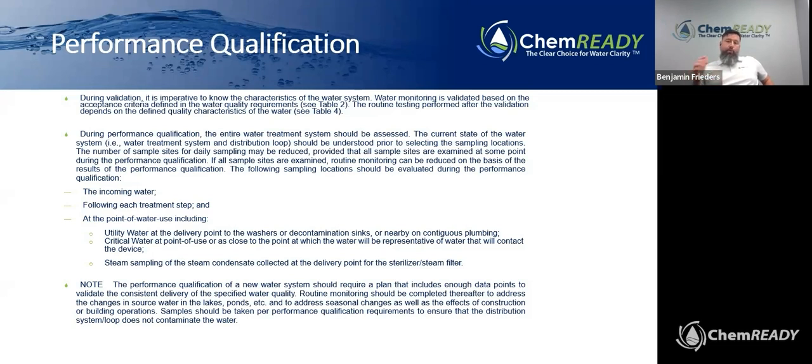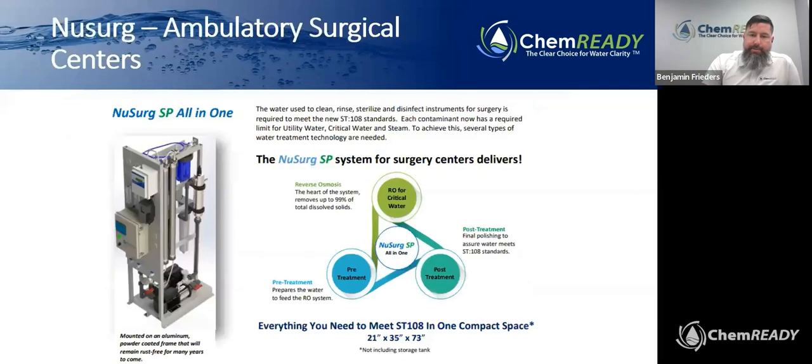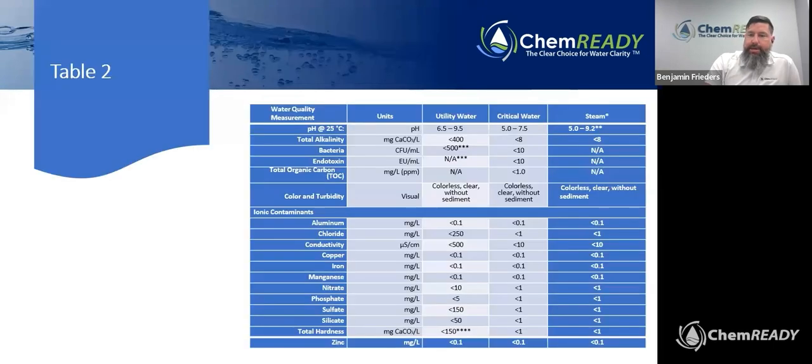Those are required once you get past, and this is a very important note, once you get past the 12 months of the performance qualification, those parameters for critical water are required monthly. And then utility water, there are parameters that are quarterly. Yes, once you get past the performance qualification, some of the parameters, go back in the slides here.